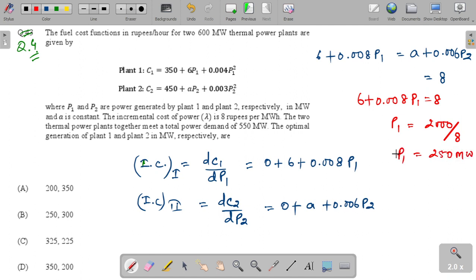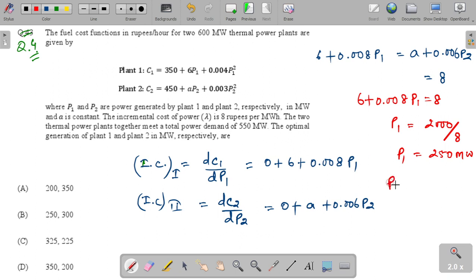So this is P1. Again the information is given, the two thermal power plant together meet a total power demand of 550 megawatt.